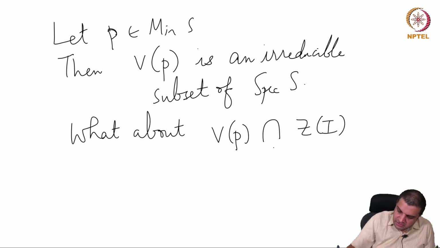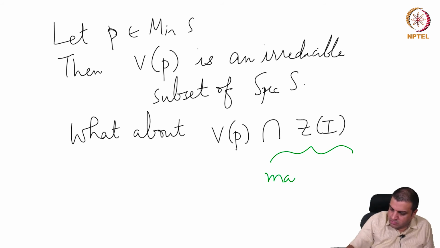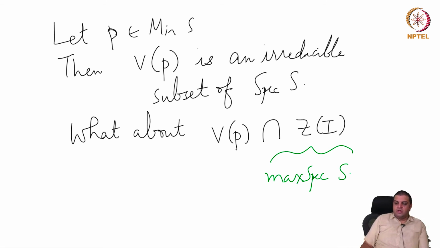This is just, remember, max spec. Okay. So we have a larger topological space, spec S. Inside that there is a smaller topological space, with fewer elements possibly. And if we intersect V of P with the smaller set, is it irreducible? So that's what we would like to understand.